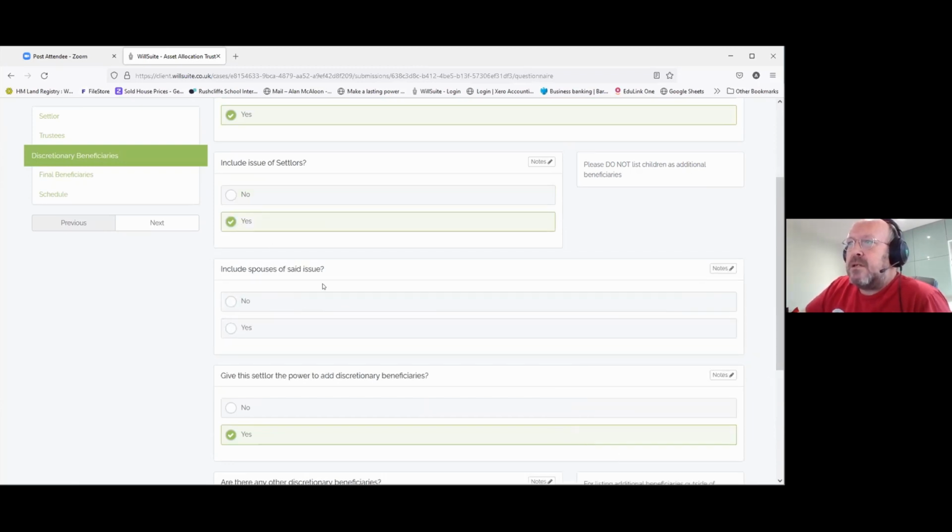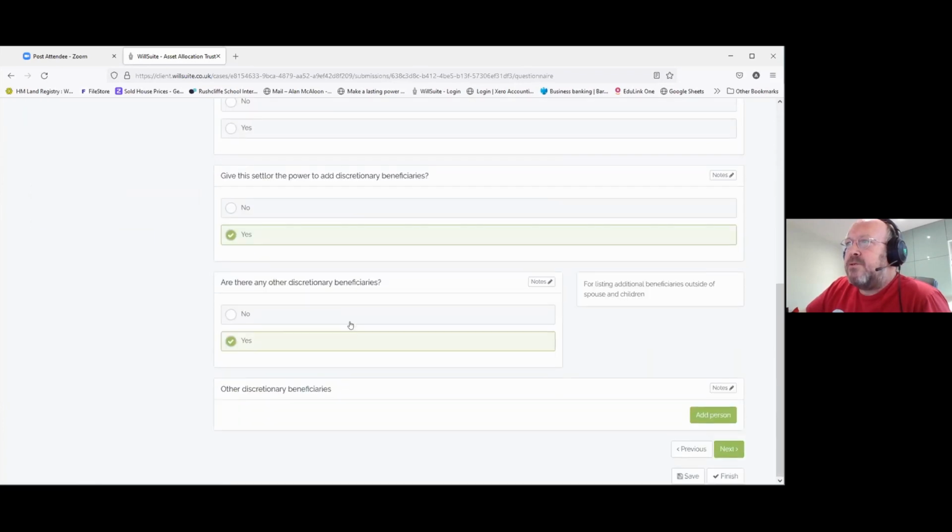The other time you're going to use adding other beneficiaries is they might want to add a class of nieces or nephews or a brother or someone if their children can't benefit. So this other discretionary beneficiaries has to make sure you include everybody who could benefit.